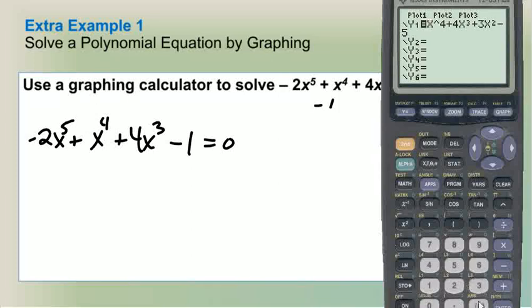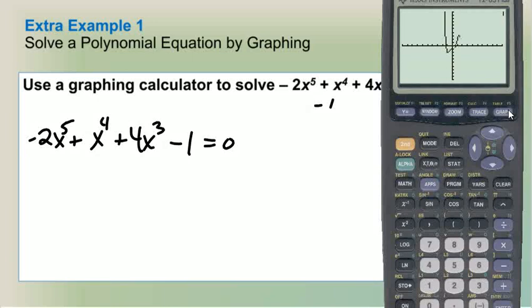So we have -2x to the 5th plus x to the 4th plus 4x cubed minus 1. Hit graph. Okay, so it crosses in 3 places. That tells us we need 3 zeros.